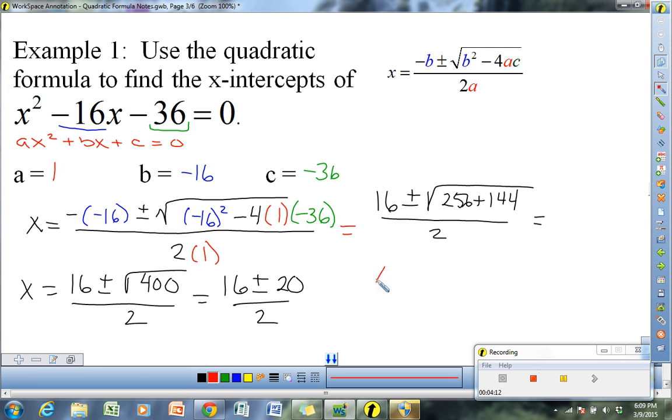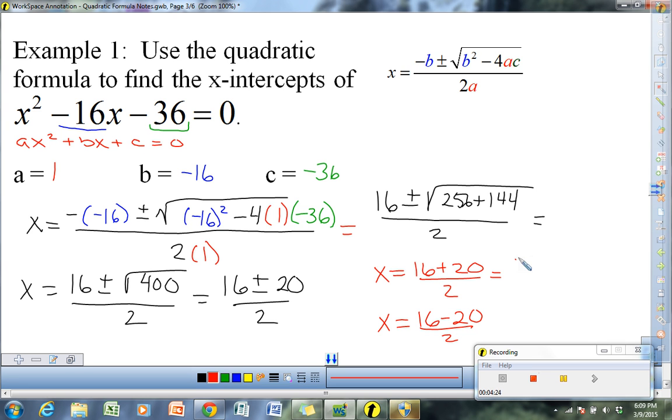So we're going to have x equals 16 plus 20 divided by 2, and x equals 16 minus 20 divided by 2. So 16 plus 20 is 36 divided by 2, which is 18. 16 minus 20 is negative 4 divided by 2, which is negative 2. So our two solutions are 18 and negative 2.